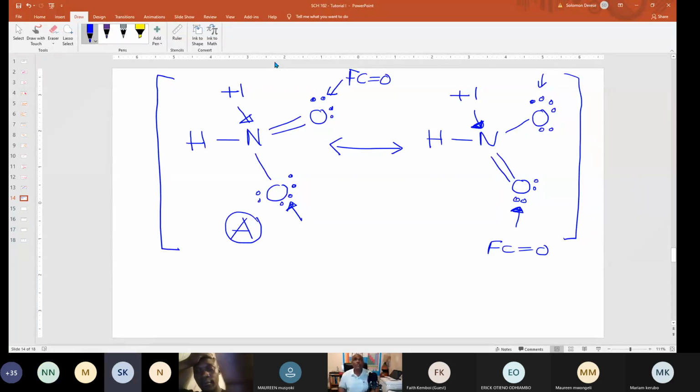How many bonds does oxygen usually form? 2. This one has formed less than the number of bonds it usually forms. So it will be negative. So if you calculate the formal charges, you'll find it like this. Now, this is a complete Lewis structure for HNO2.